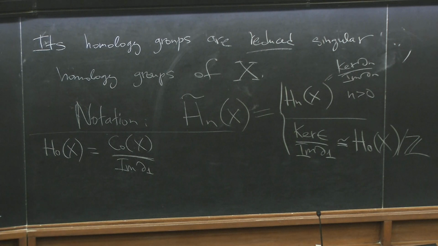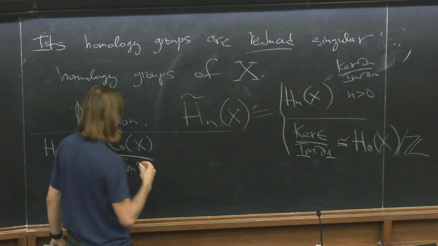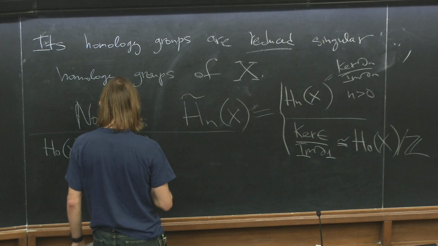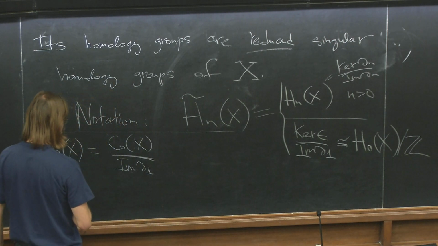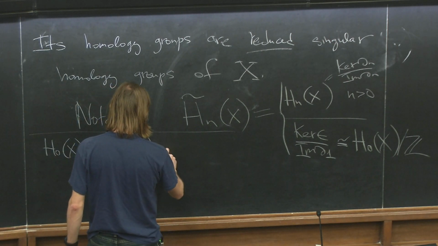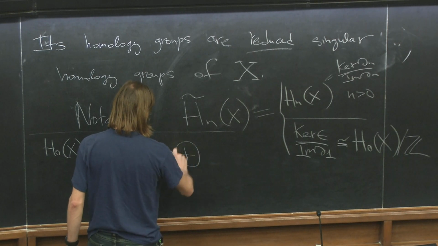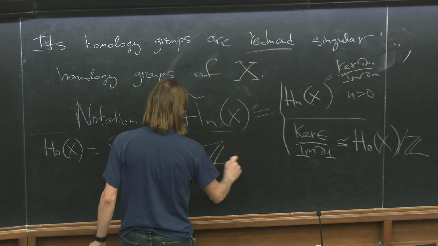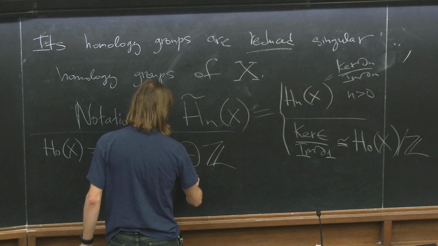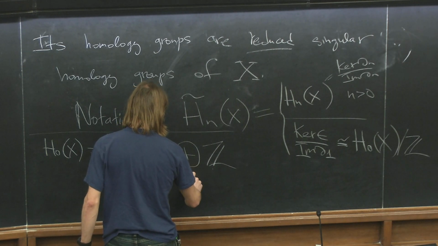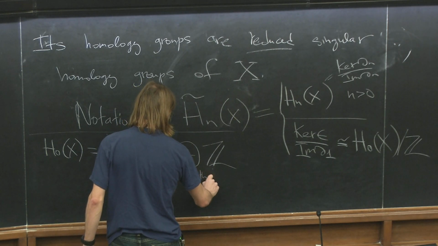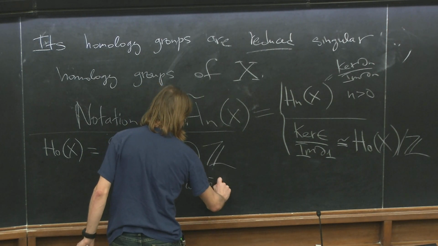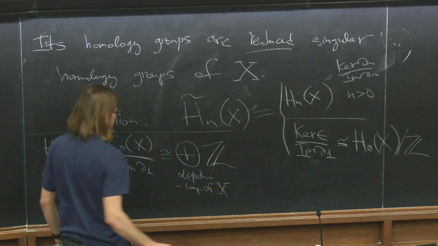And as you remember, this group is isomorphic to a direct sum of copies of Z over all path components of X.